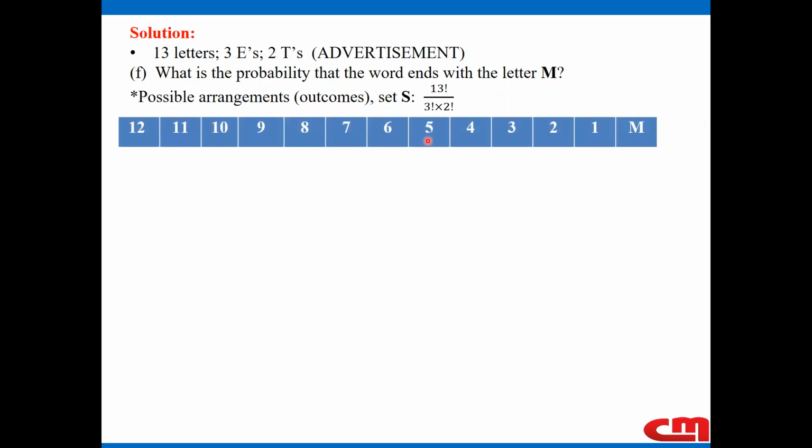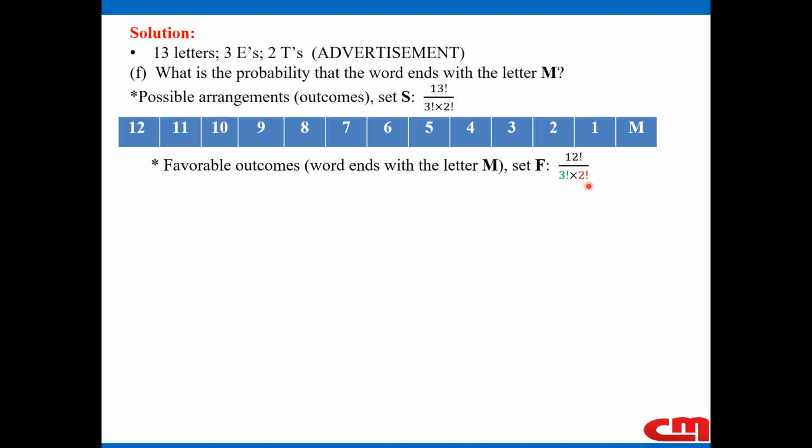Then this is how it should be. Like I've already referred to E to say we had to come up where the words start with an M. You would see that now it's ending with an M, which is one and the same thing. The favorable outcomes then becomes 12 factorial over 3 factorial times 2 factorial.